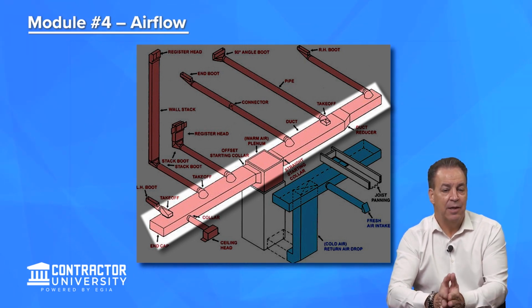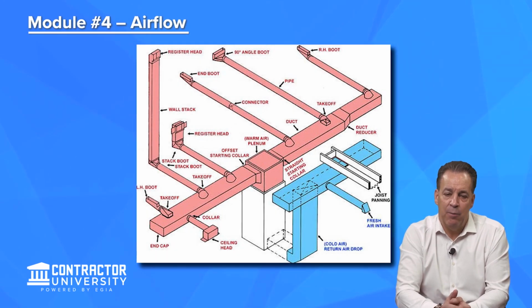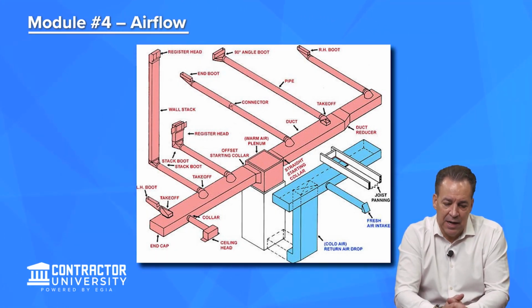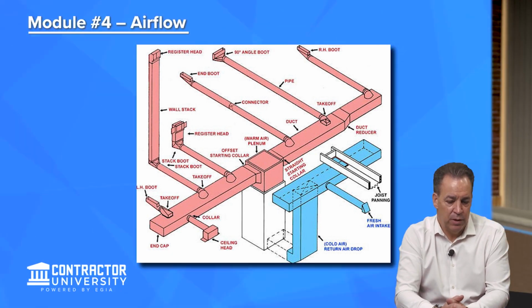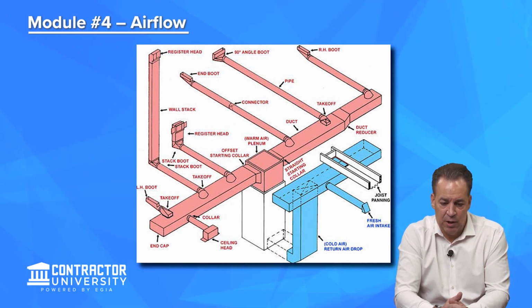I don't like to call things that people don't know, but they understand main supply duct. And then we have the branch ducts that feed each of the rooms. Each of those has a takeoff as well as a register boot. And then there's probably a register within the living space itself that you don't see in the picture here, right?